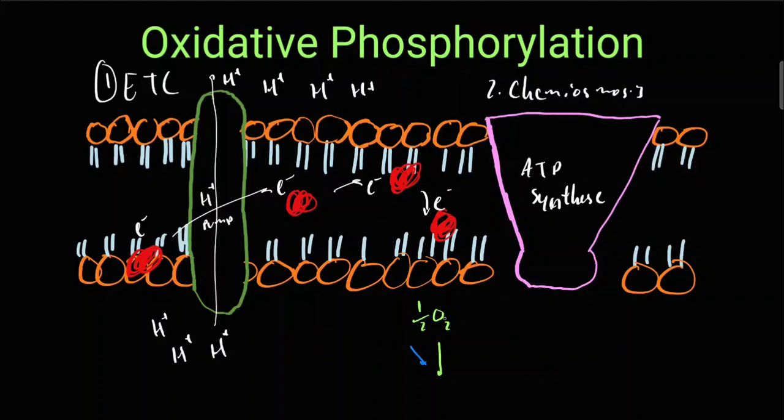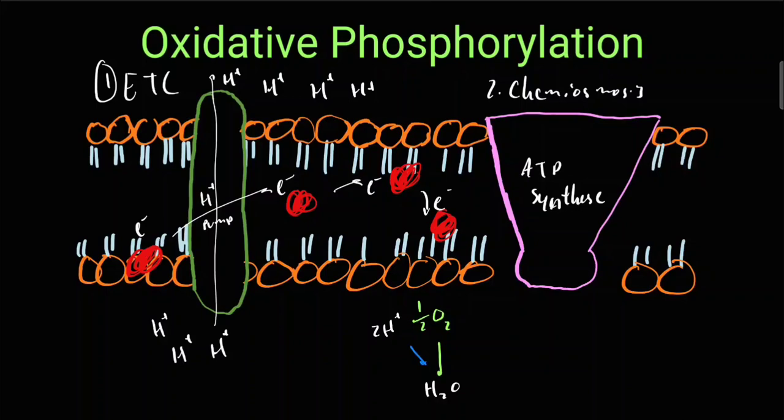And now back to the final electron acceptor, the 1/2 O2. Now that will combine with 2 protons, so 2H plus, and this creates H2O, which is a waste product in cellular respiration, and this is where most of it is made.